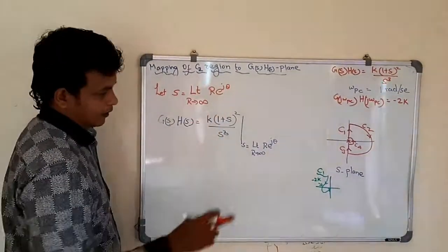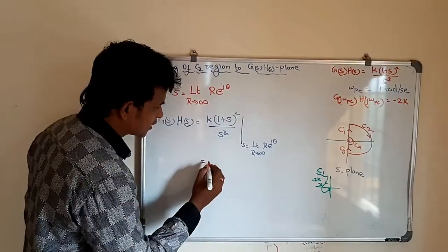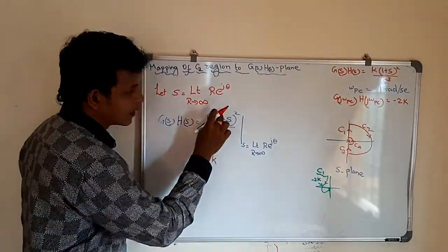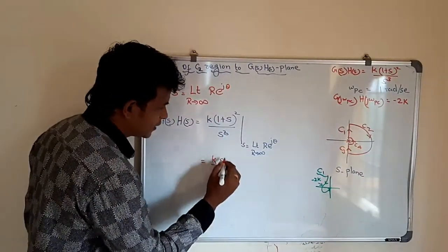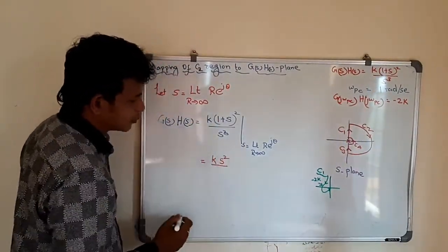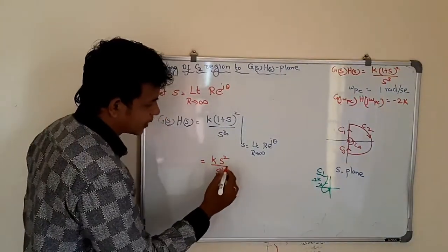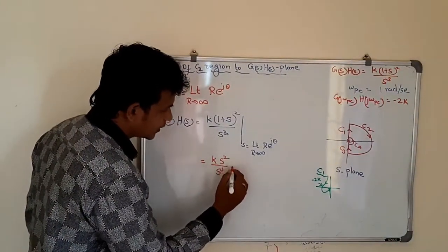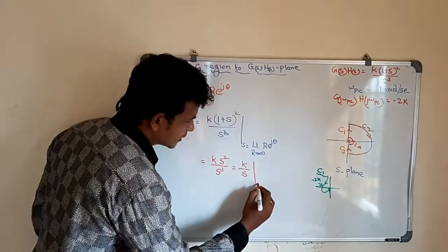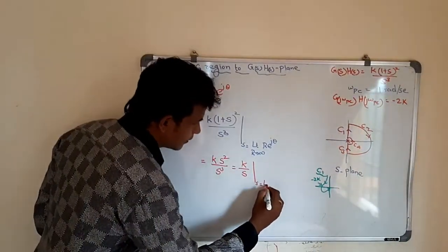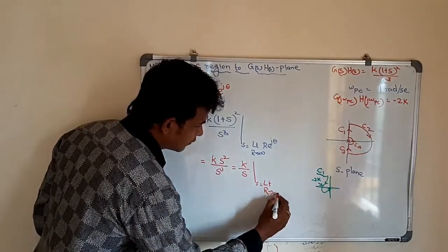So this equation can be written as, when I neglect this 1, k into s square divided by s cube. So ultimately I have k divided by s, at s equal to limit r tends to infinity r into e power j theta.